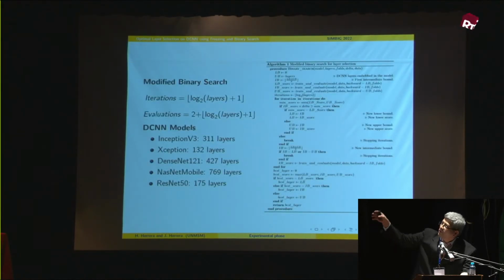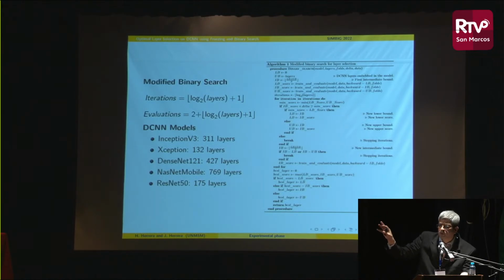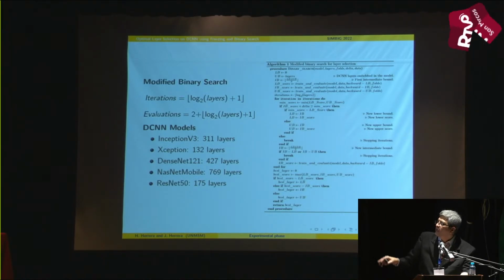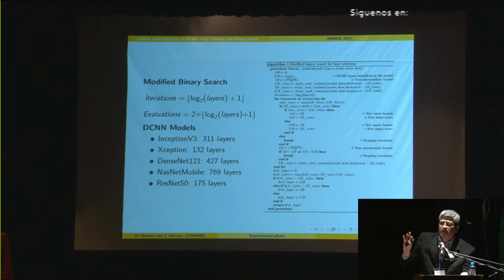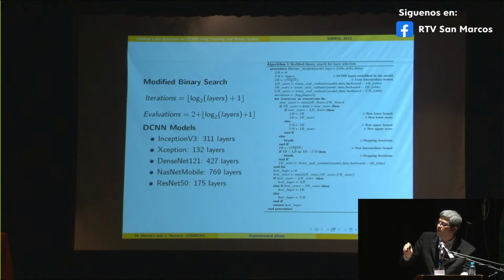Now I'm presenting how the modified binary search works, defining the maximum number of iterations and evaluations, using a logarithmic approach. I'm also presenting how many layers each model I am working with has.